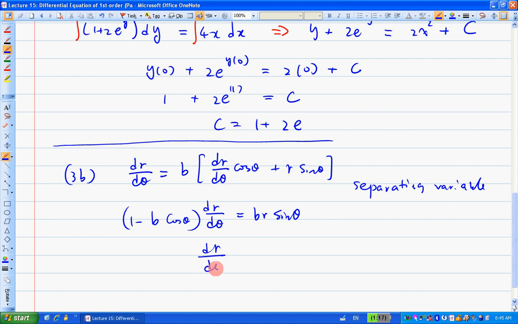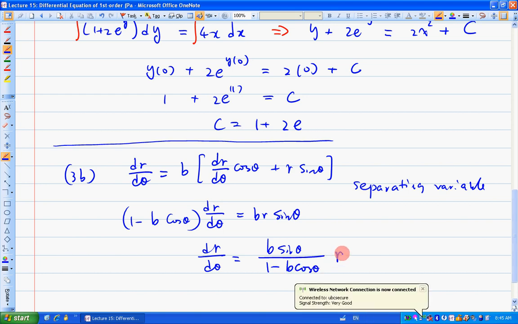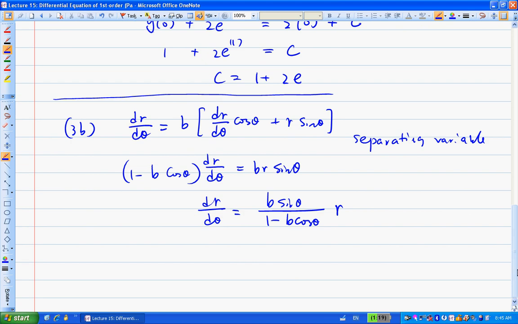If I move this 1 minus b cosine theta to the right side, I get b sine theta over 1 minus b cosine theta, times r.